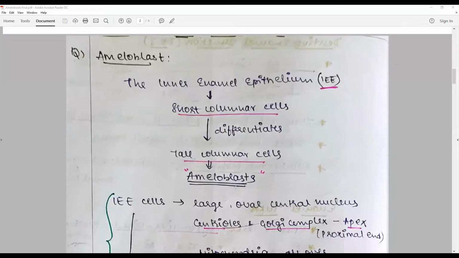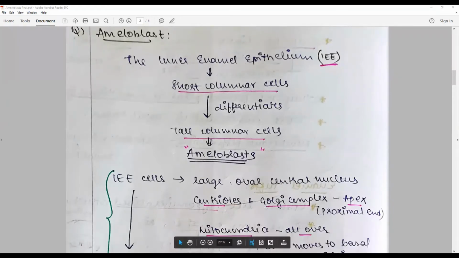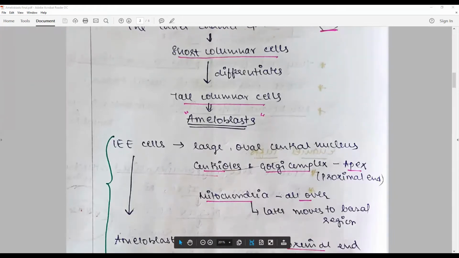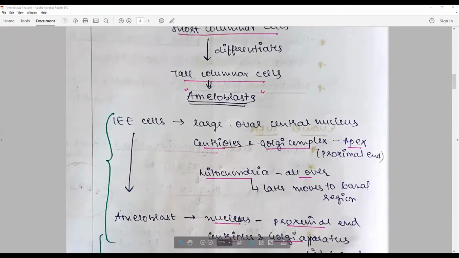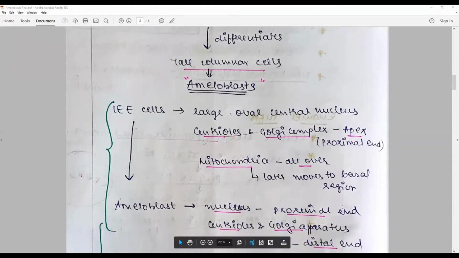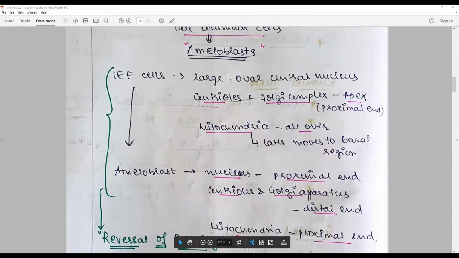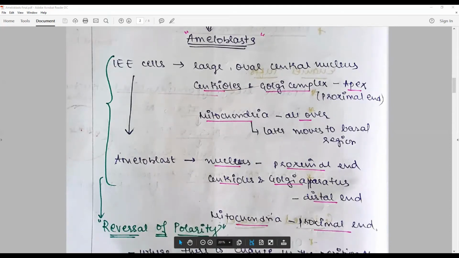The inner enamel epithelial cells are large oval cells with a central nucleus, having centrioles and Golgi complex at the apex or the proximal end, whereas mitochondria are all over. As the inner enamel cells transform into ameloblasts, the nucleus is shifted towards the proximal end. The centrioles and Golgi apparatus are moved towards the distal end for the process of secretion, whereas mitochondria are shifted to the proximal end.